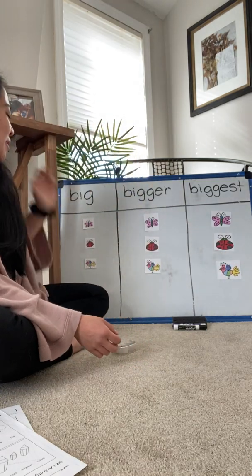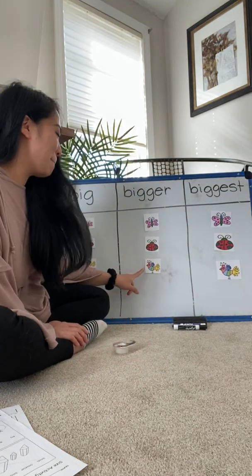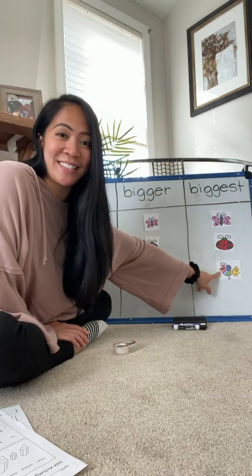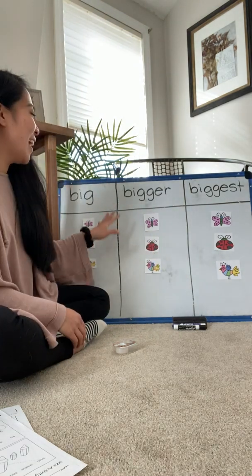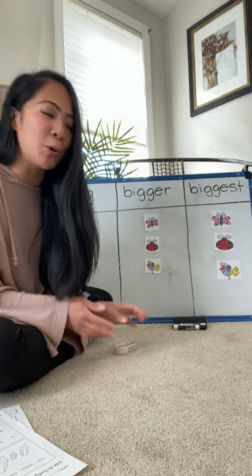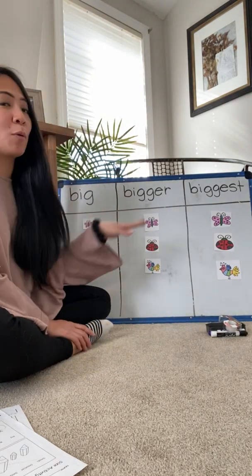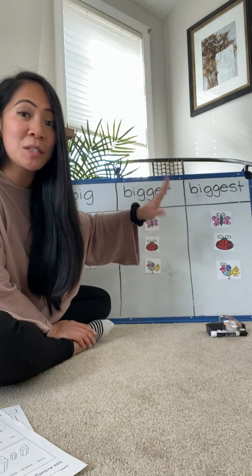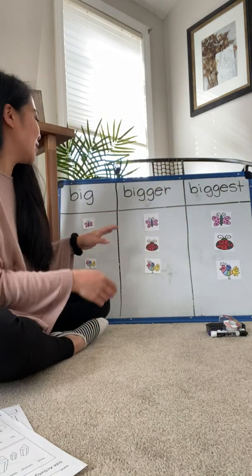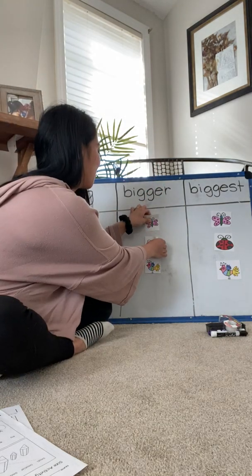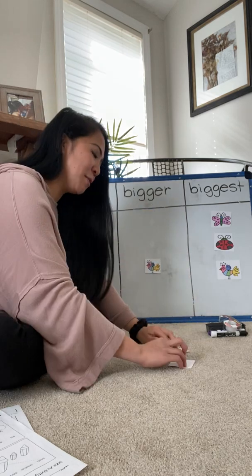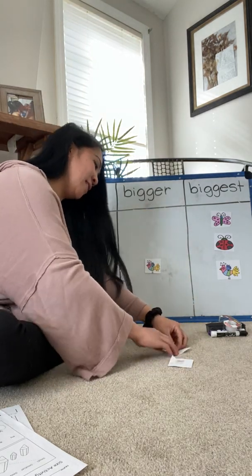All right, so big, bigger, and biggest. And I have some examples to show you guys of big, bigger, and biggest. But before we do that, we are going to do small now. All right, so I'm going to take these off. So that was big, bigger, and biggest.